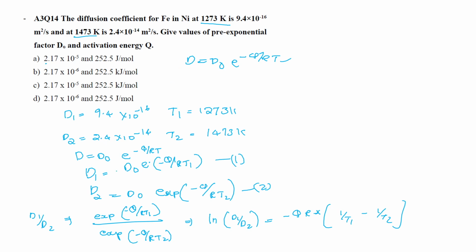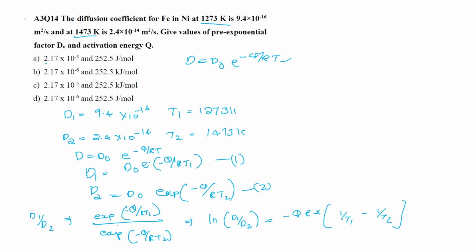D1 will be D0 e to the power minus Q divided by RT1, and similarly D2 will be D0 e to the power minus Q by RT2. But your aim is to find the Q value and D0 value. To get those, you have to divide the two equations, and you will get exponential of minus Q divided by RT1 divided by exponential of minus Q divided by RT2.